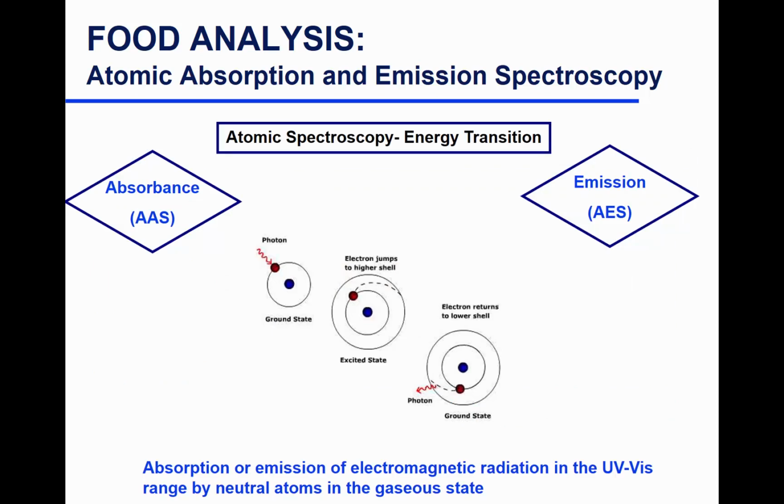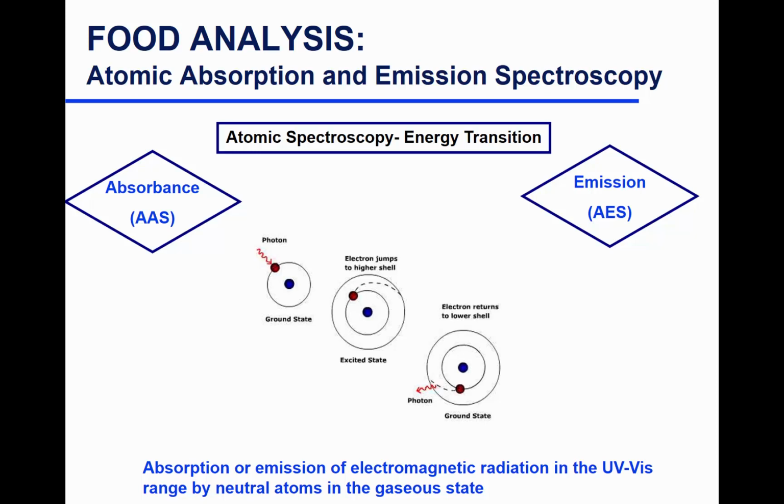Okay, so again, this is briefly the principle, absorption. This is based on electronic energy, because here we are measuring absorption or emission of a singular atom in the gaseous state. So as a singular atom, that means you don't have vibration, you don't have rotation, you have just the electronic energy.